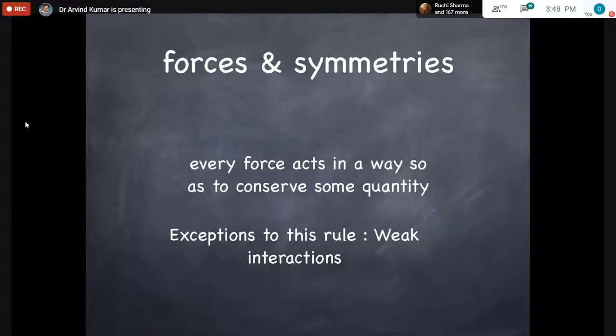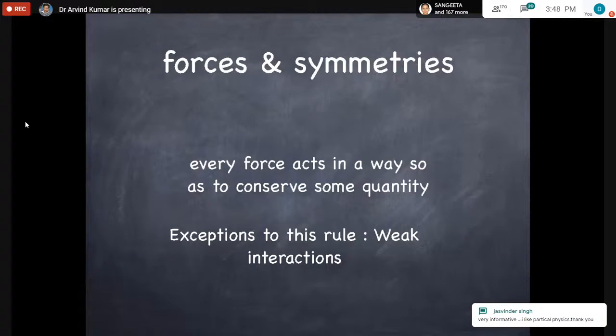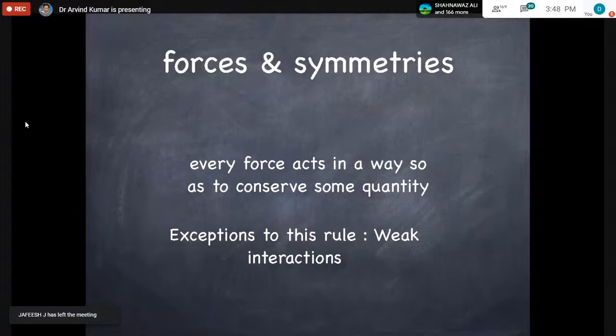Now, the exceptions to this rule. We have seen the example of QED, which is very nice. The exception to this rule is weak interactions. Weak interactions seem to conserve some symmetry, but actually the force carriers are massive.